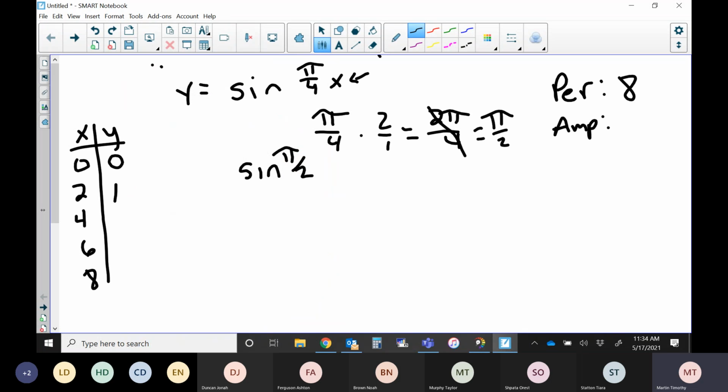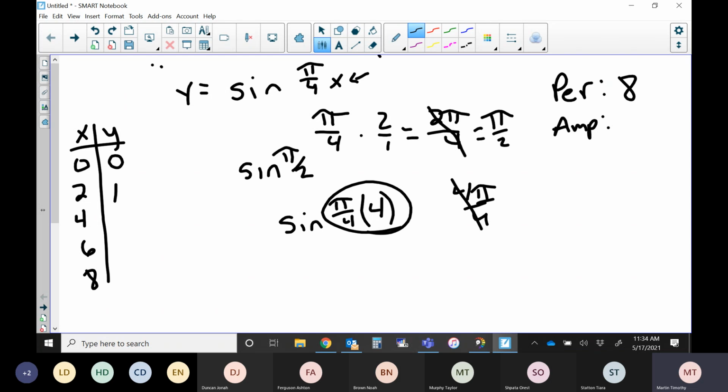Next one, if I did the sine of pi over 4, and then I put a 4 in for x, this turns into 4 pi over 4, or just pi. I should know my unit circle. The sine of pi would be the y coordinate of that, which would be 0. If I did the next one, this would be -1. And if I did this one, it would be back to 0.